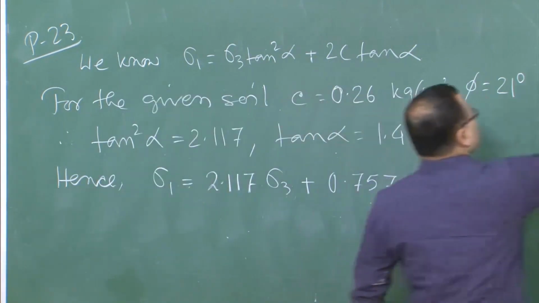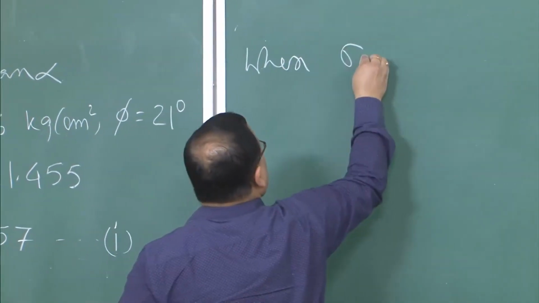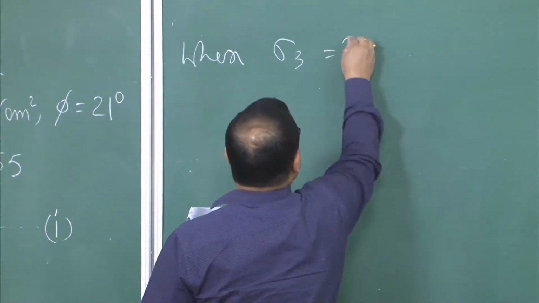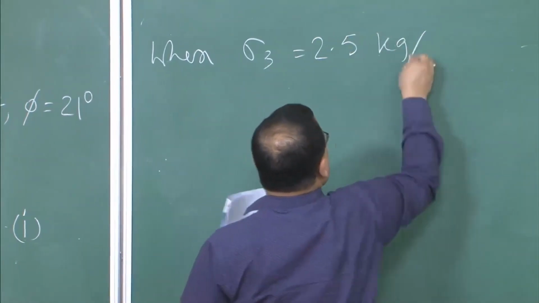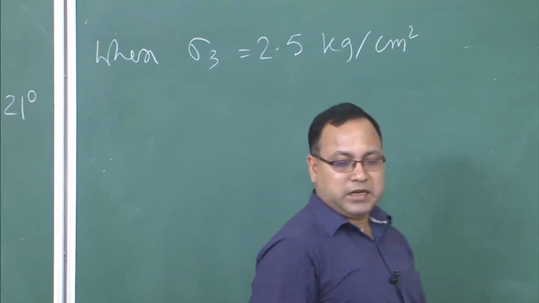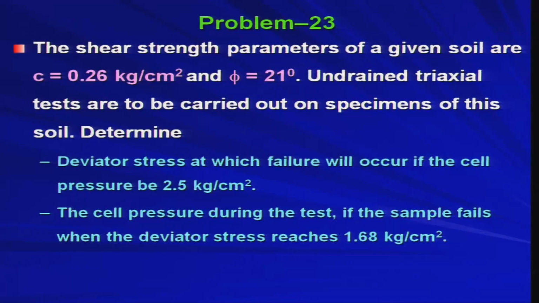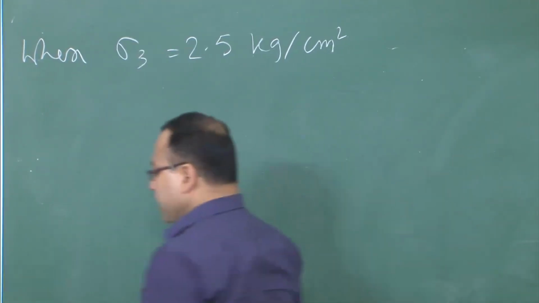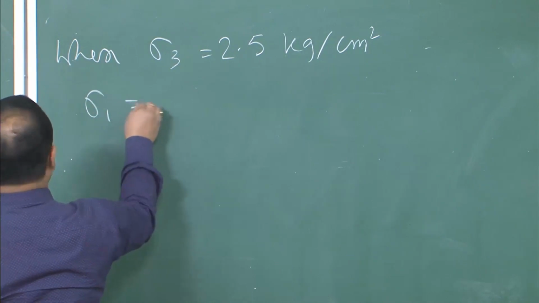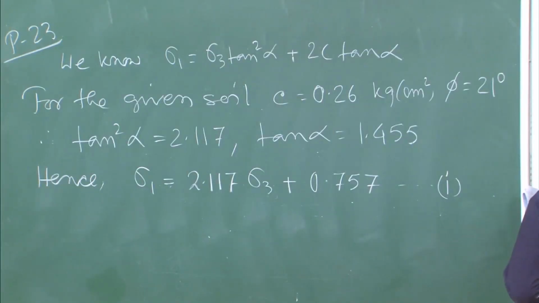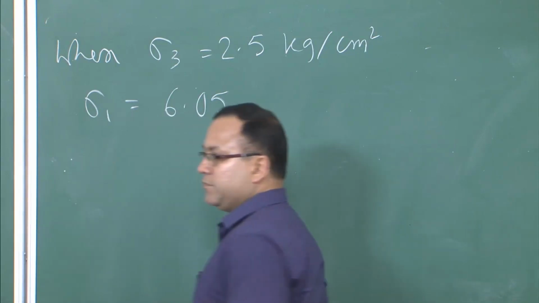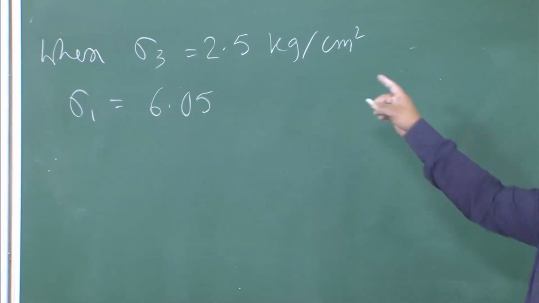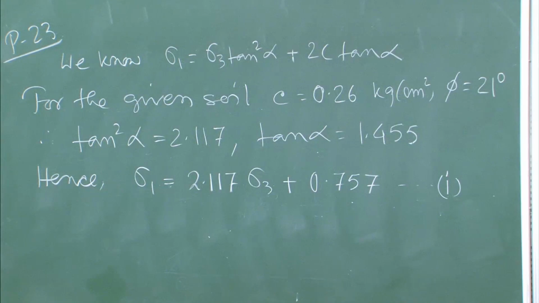Now, when your sigma 3 is 2.5 kg per centimeter square, that is the first part: determine the deviator stress at which failure will occur if the cell pressure is 2.5 kg per centimeter square. Then I can find out sigma 1 from equation 1 as 6.05, right. You place sigma 3 equal to 2.5 and you get the magnitude of sigma 1.